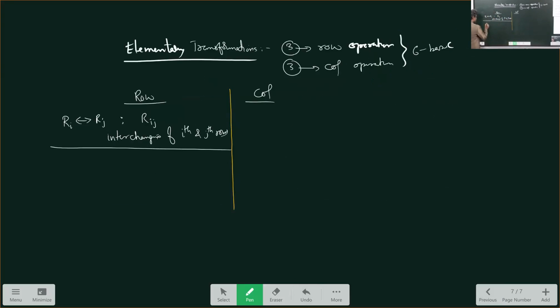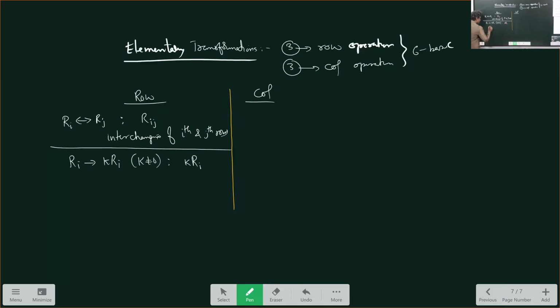The second operation is Ri changing as k times Ri. Precisely, k is non-zero. Is it audible? I think so. Let me confirm. Okay. So this is called the kth multiple. Saying in a simpler way, I can write kRi.